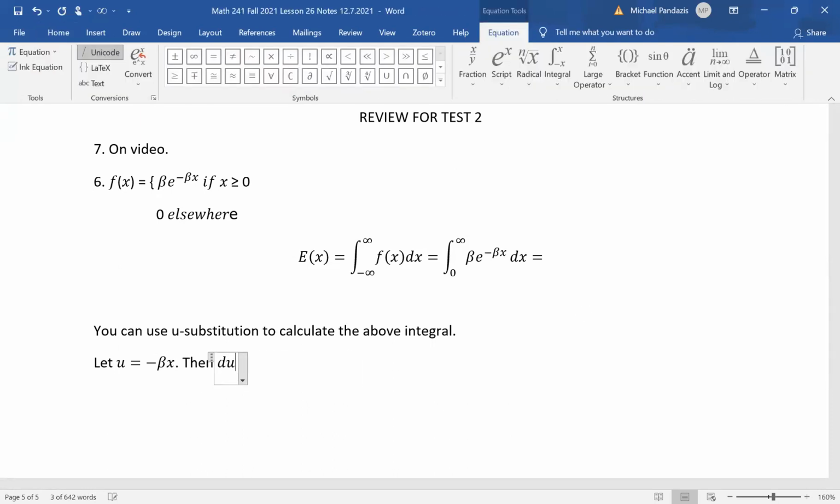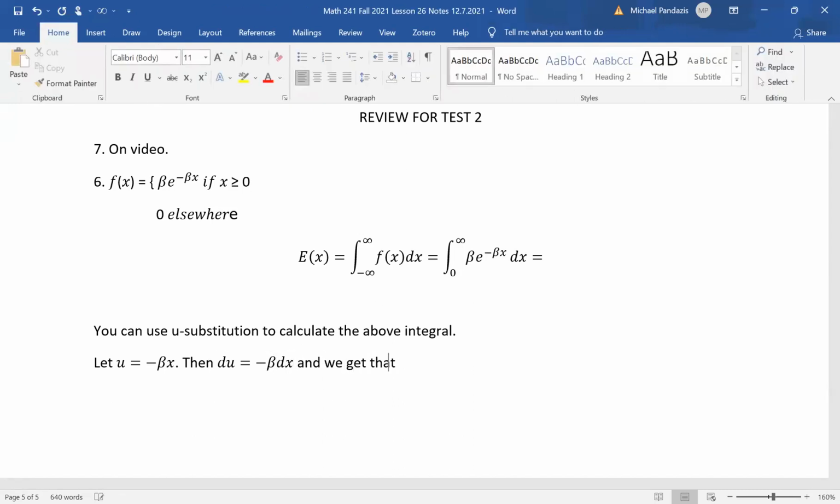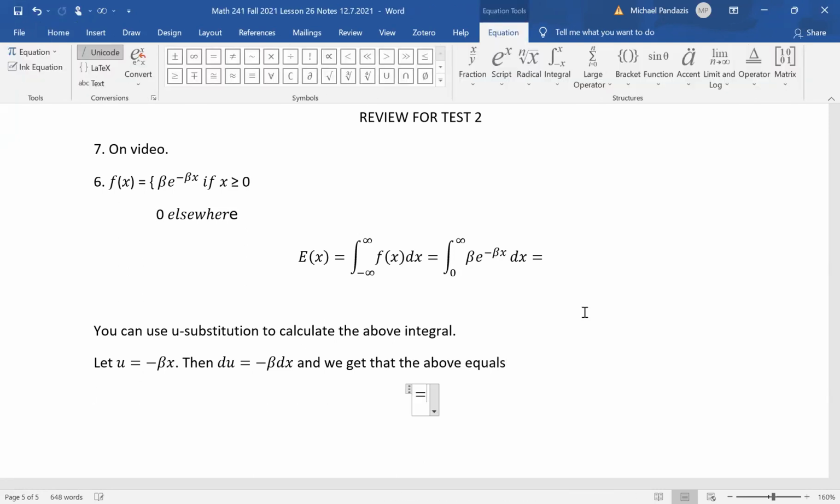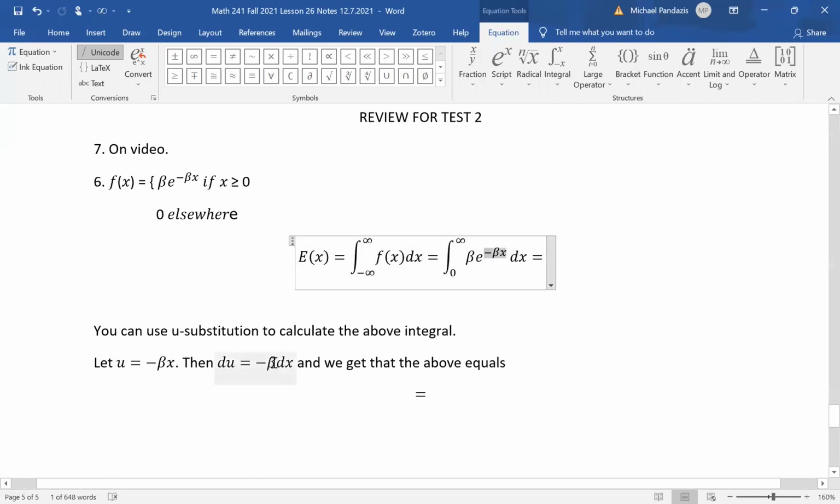Then du is equal to negative beta dx. And we get that the above equals, okay, so now we use u substitution, but for u it's negative beta x, which is right there. du is negative beta dx. We have a beta dx. We need a negative one, so we need a negative in there.